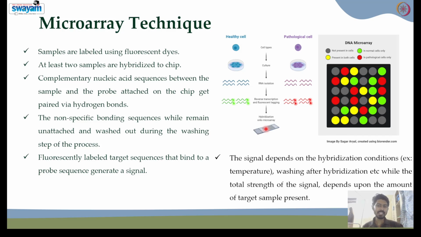So once we apply the sample, if we get a green signal, then it indicates that it is a normal cell, free of contaminants, not a diseased cell. Whereas if our sample is in red color, then it is a pathological cell. It tells us it can cause disease. If it is yellow, it is the presence of both cells, an equal ratio of healthy and pathological cells.